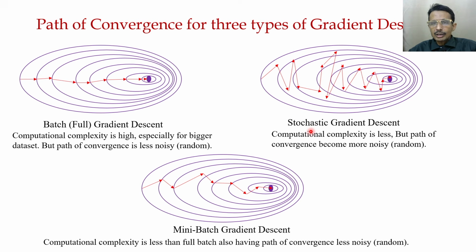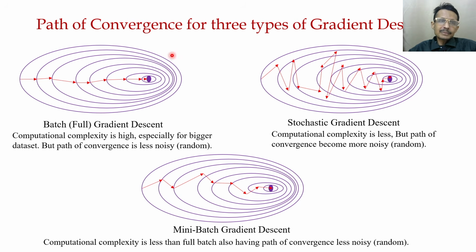With stochastic gradient descent, it is much more random. These are two extreme cases, but in mini batch the path is random, though much less random than stochastic gradient descent, and the time complexity is much lower than full batch. The randomness is slightly higher than full batch, but the computational complexity is less than full batch, and the path of convergence is less noisy than SGD.